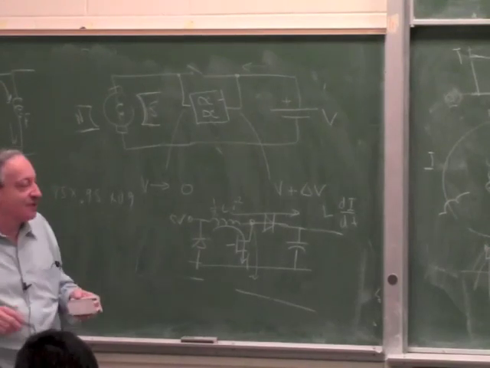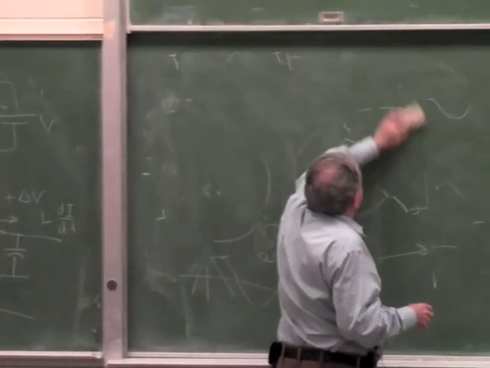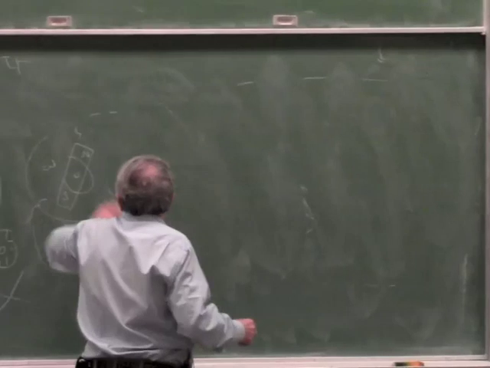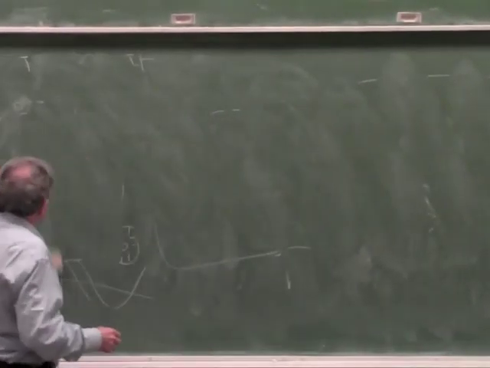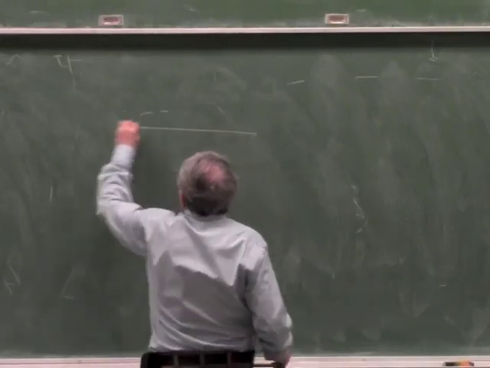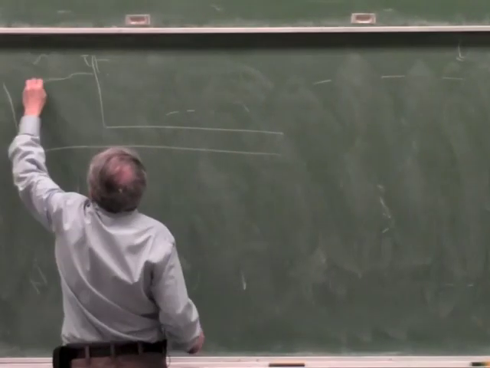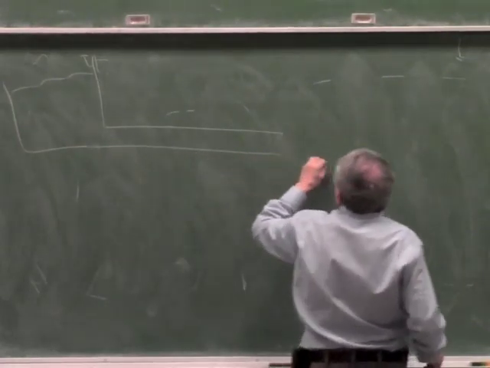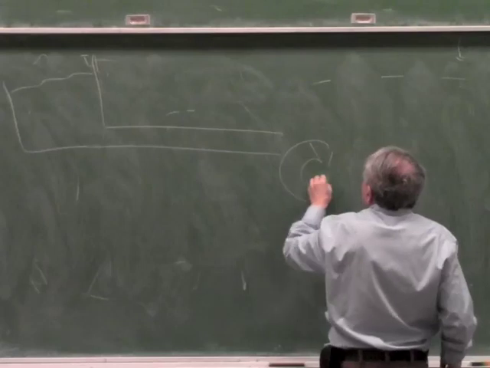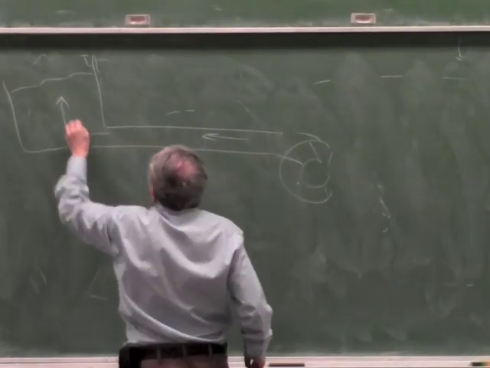Okay? So for example, if you have a fluidic servo with a container and a pump, the pump is like the battery which feeds water into the tank.